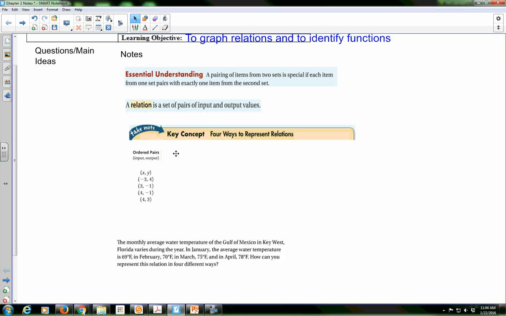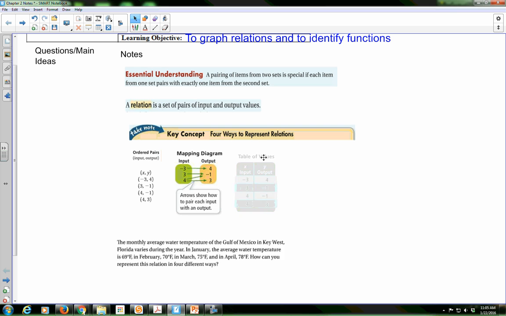So the second way that you can write a relation is with a mapping diagram. Your input goes in the left column and your output goes in the right column, and you draw an arrow to show which value goes with which output.